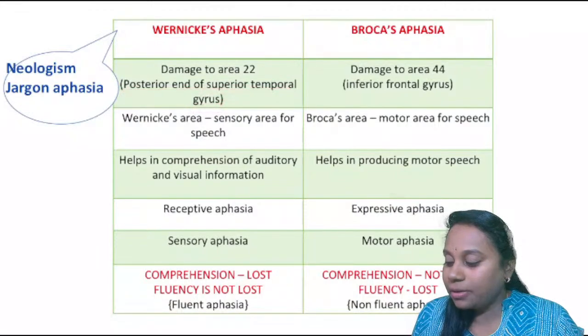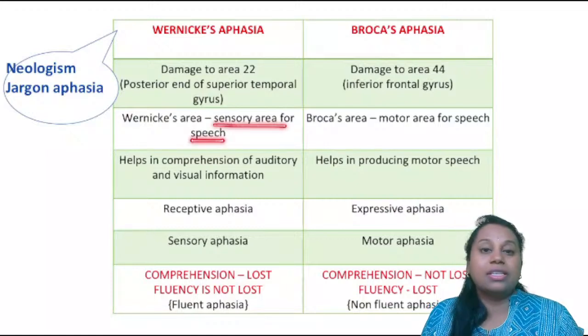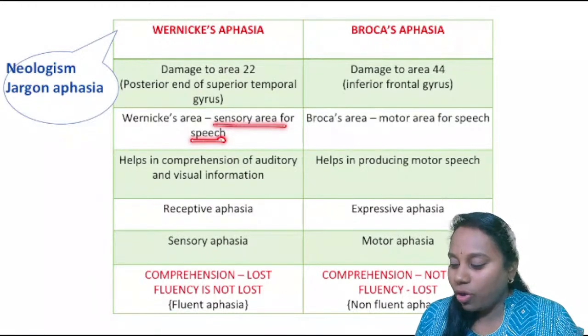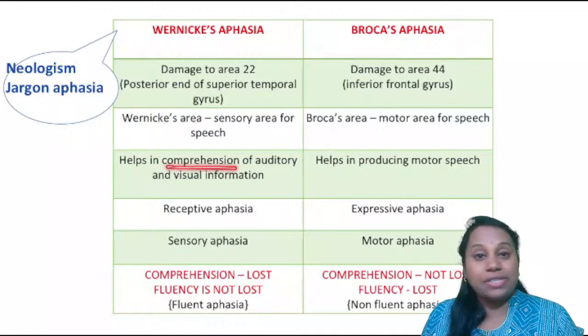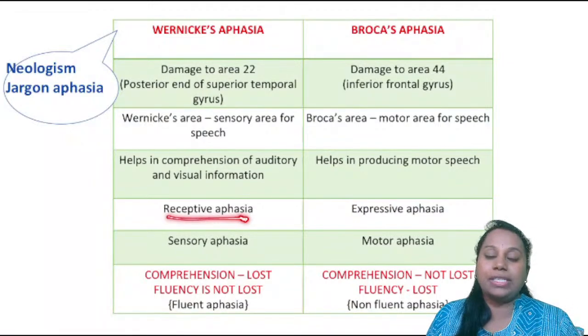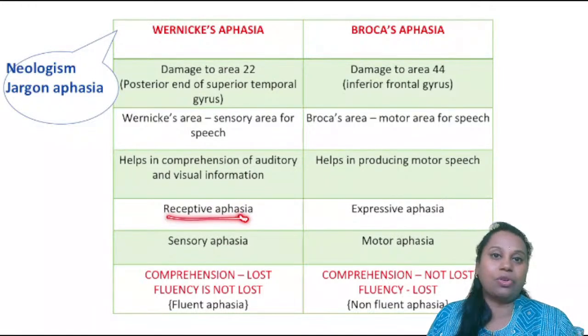Wernicke's area is the sensory area for speech because it senses the meaning of words. It is responsible for comprehension of words. It is receiving the word first. So if you say anything to any person, the first area able to receive the word is Wernicke's area, and it is able to understand, to sense the meaning of the word.